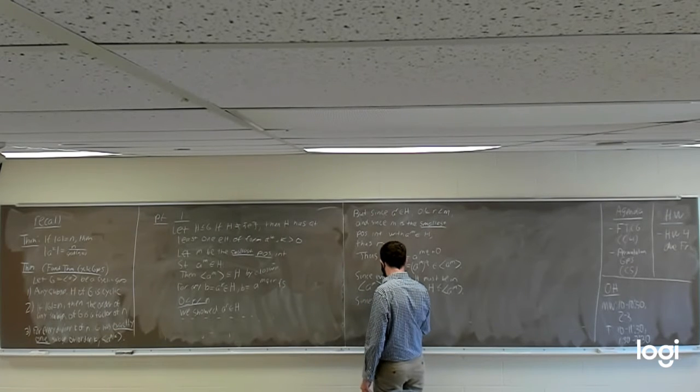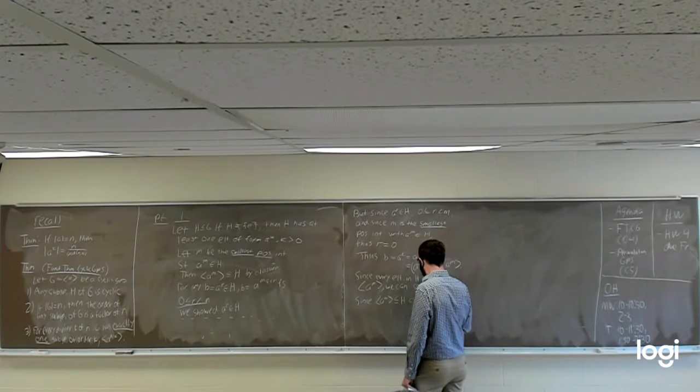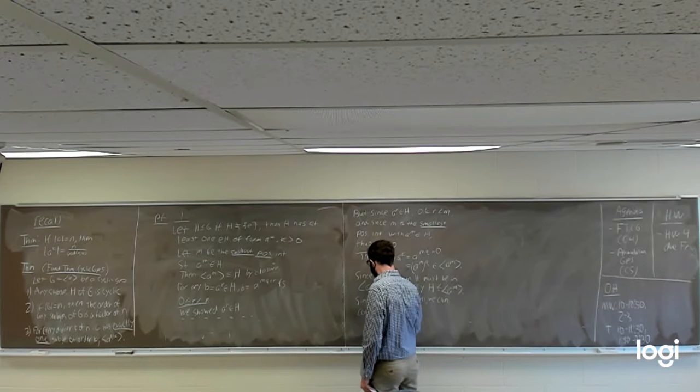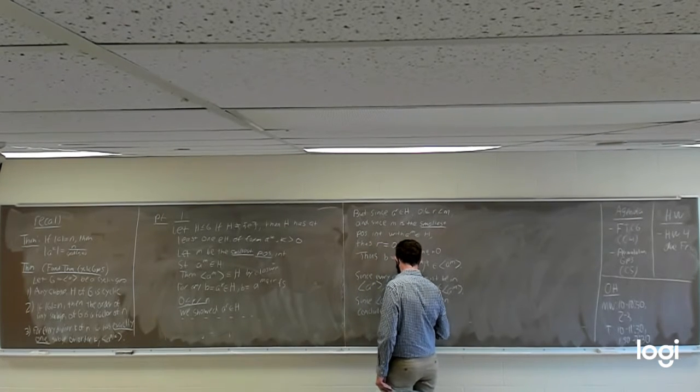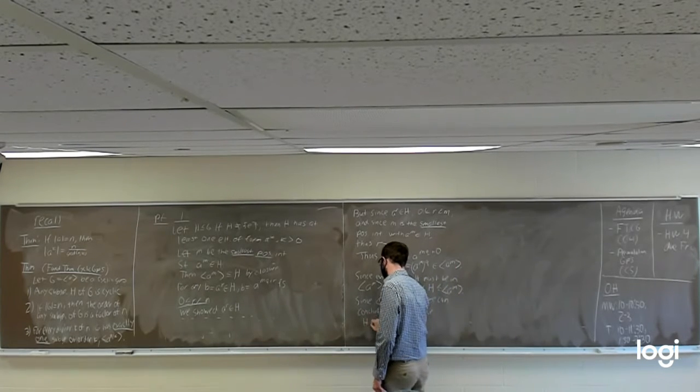Since the group generated by A to the M is a subgroup of H as well, we can conclude H is equal to the group generated by A to the M, hence H is cyclic.